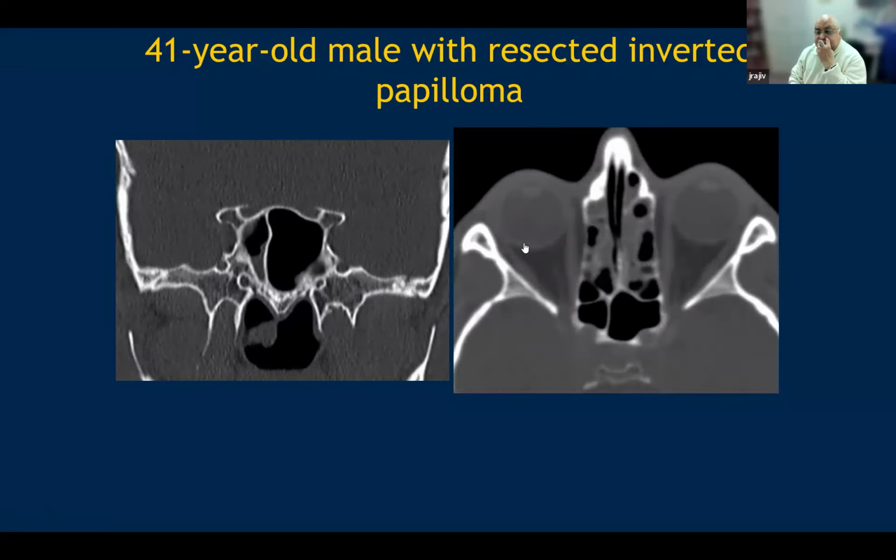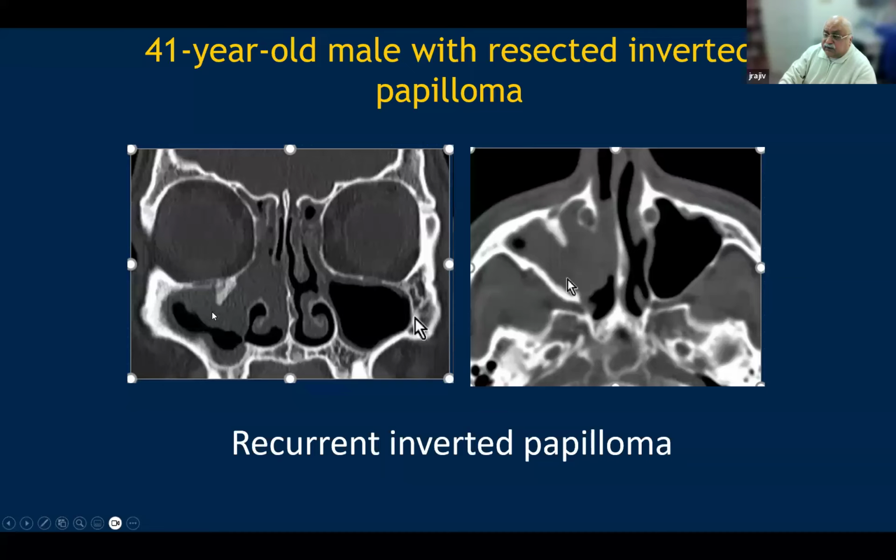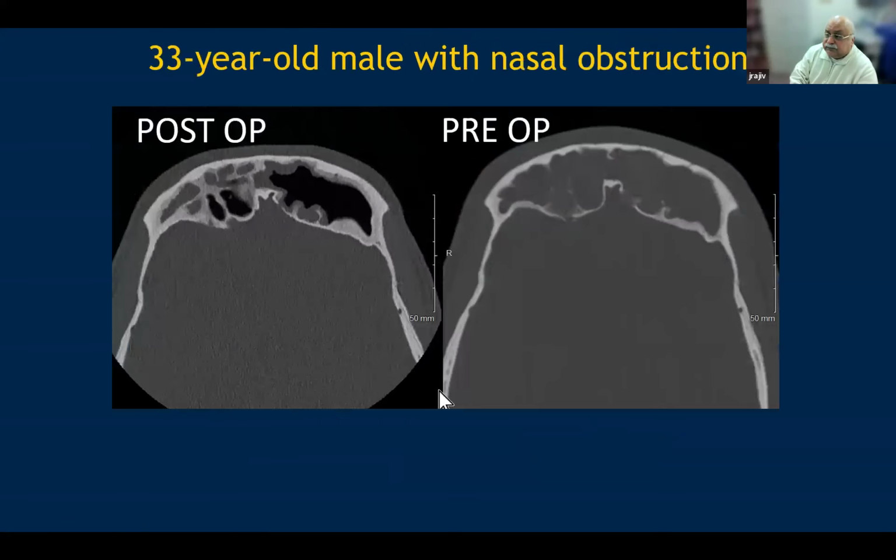Try and look for this telltale sign of an inverted papilloma, and then we need to go back and remove that attachment, because if it is still there, you can see that the papilloma will recur, because the nodal attachment of that particular area is still there for it to recur.